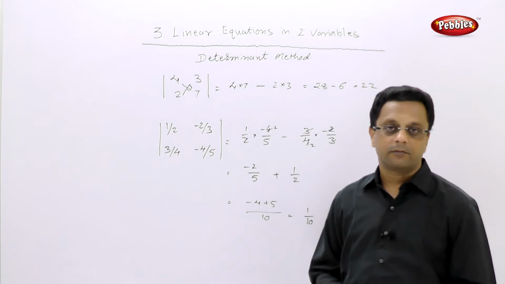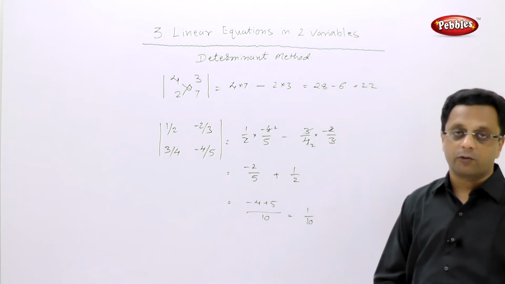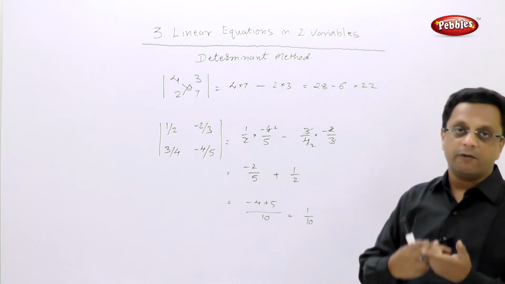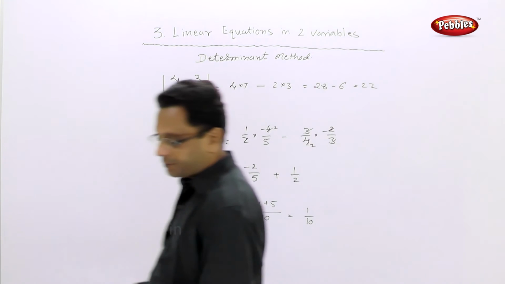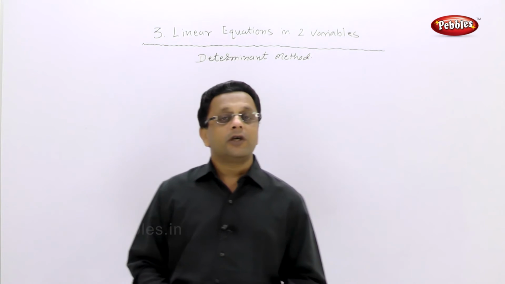Extremely simple, isn't it? But based on this, we have to use Cramer's rule. We have to do this calculation 3 times for D, Dx and Dy. So let's see those examples. Solve the following simultaneous equations using Cramer's rule.